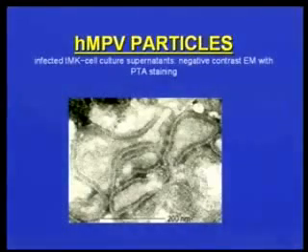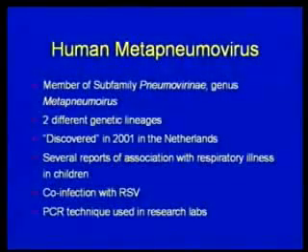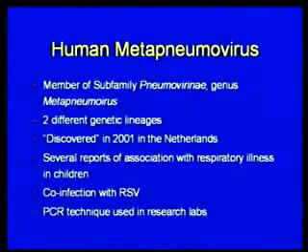The size is very similar, but what is different is this is like RSV. It's a member of the subfamily Pneumovirinae, and I'm sorry for the typo there. It's a different genus here, and it was kind of discovered or rediscovered in the Netherlands back in 2001, because they were able to grow the virus. It's not a virus that grows easily, but they managed to grow it.